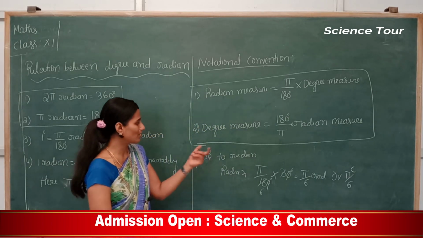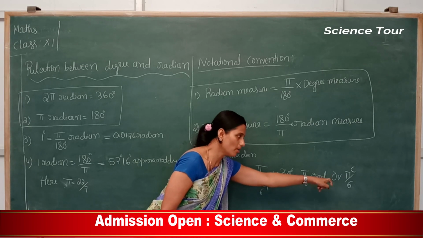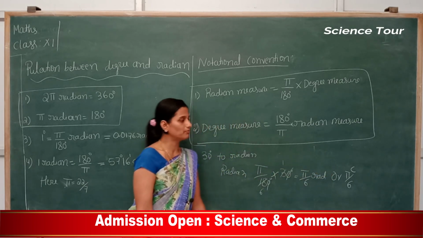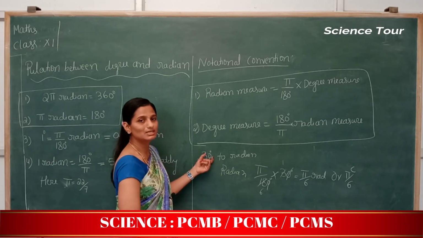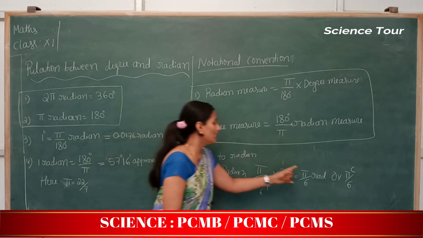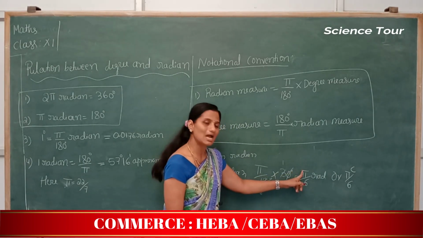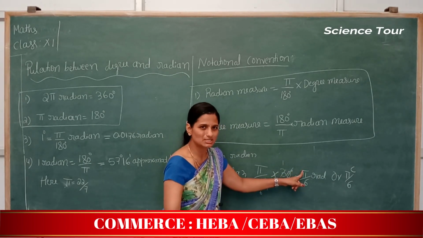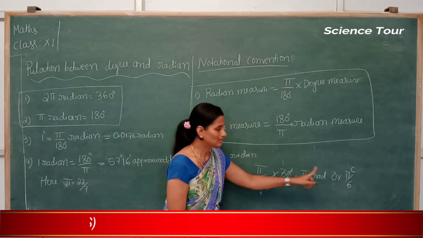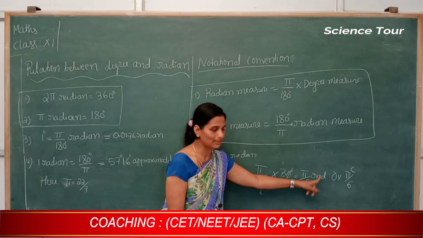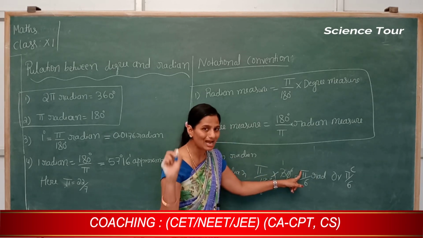So 30 degree is equal to pi by 6 radian. In radian, keep pi as it is. Don't change it to 22 by 7. In the final answer, if you need it in terms of radian, keep pi as it is.